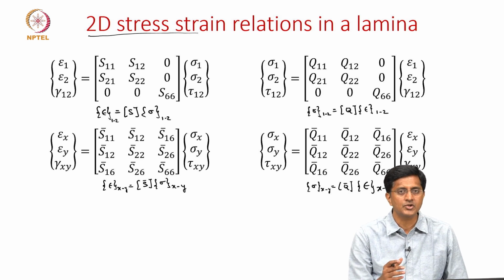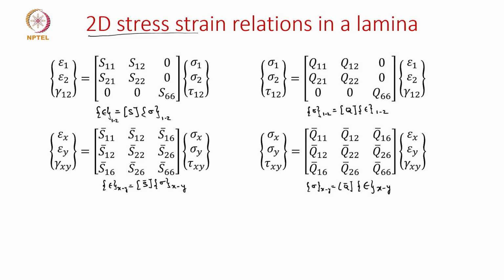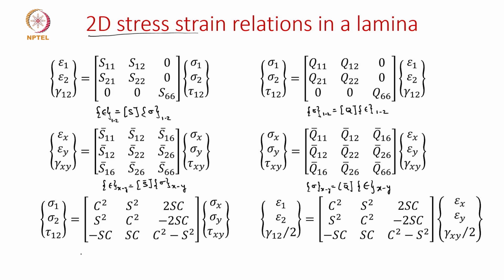And lastly, we also showed the transformation of stress from one coordinate system to the other, meaning going from body coordinates to the material coordinates, we use the transformation matrix T. So when we have stresses in the body coordinates, we pre-multiply them with the transformation matrix T to get the stresses in the material coordinates.